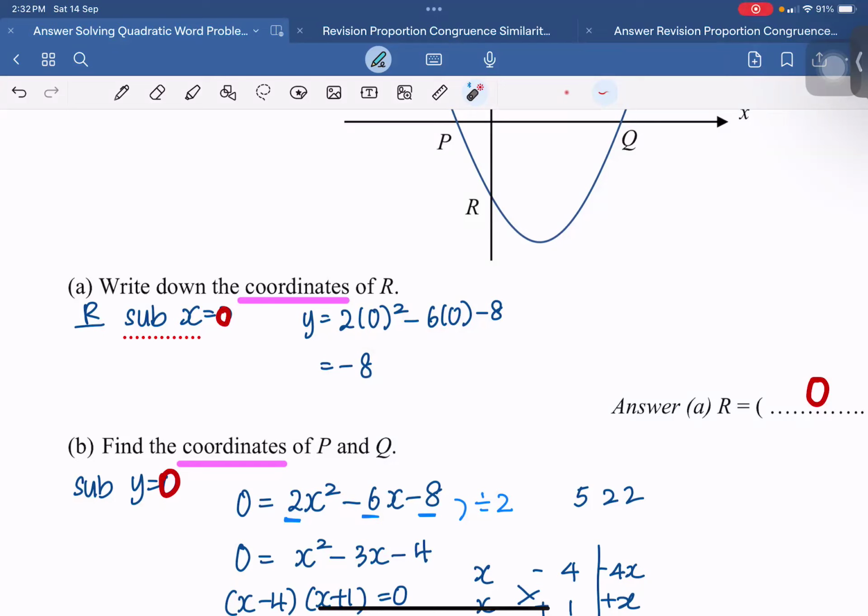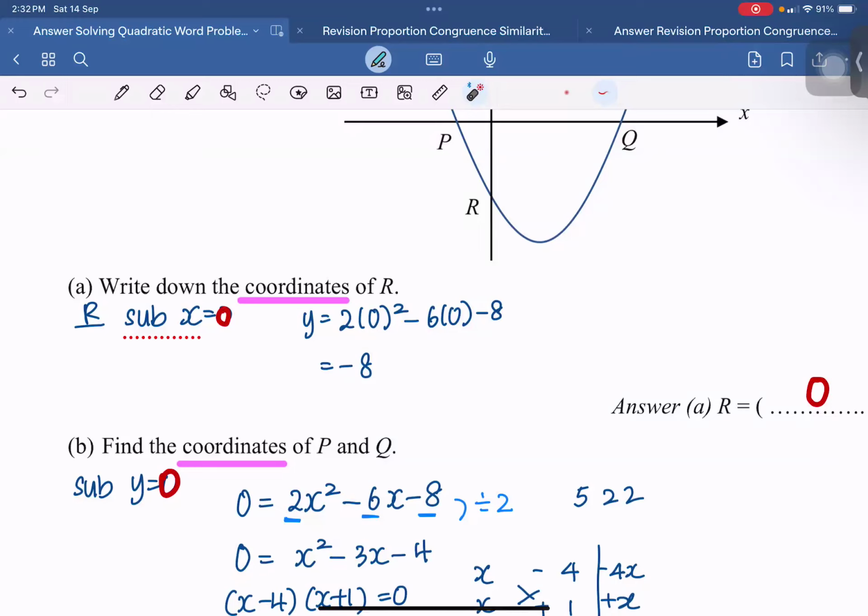But can this be the final answer? Can somebody answer my question, please? Oh, Fengqi. Yes, thank you, Ardina. No. Okay, so coordinates, right?